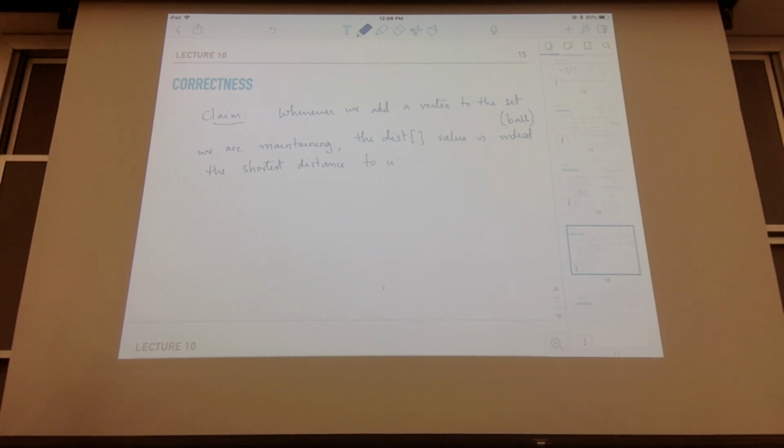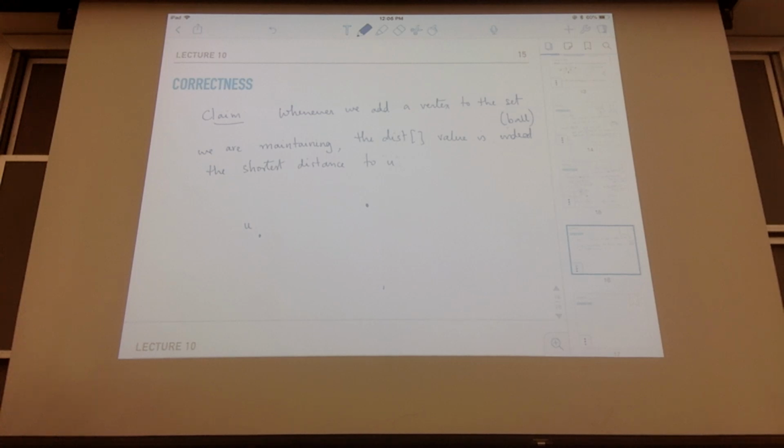Okay, so you are in some sense growing this ball. We are saying that when we add a vertex W to your set, at the time you're adding, you would have already found the shortest distance from U to that. Okay? And intuitively, if you think about it, it's in a sense very easy to see, right?